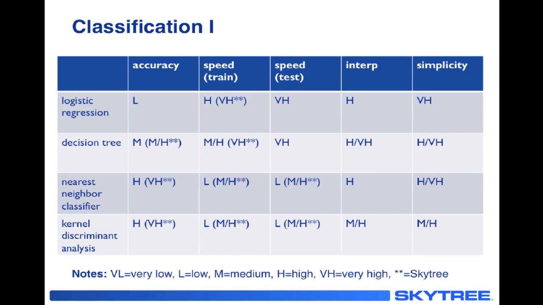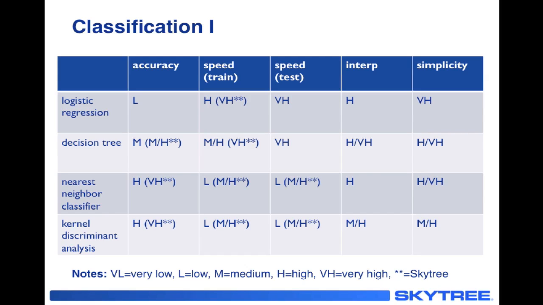Decision tree is the first of the nonparametric methods. All the rest are nonparametric. It's maybe the least accurate of the nonparametric methods on its own. I'll put it as medium, but it has some very unique advantages. It's medium to high in training speed, very fast at test time.